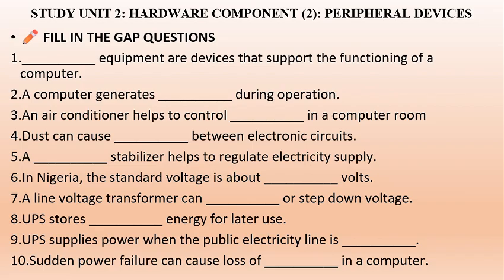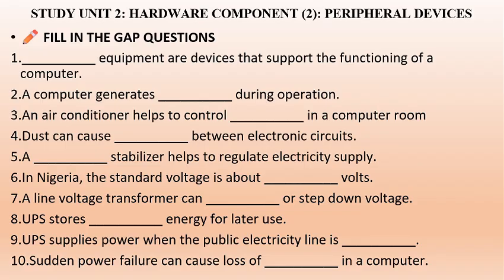Dust is metallic in nature, so when it's on the computer system and there's power supply inside, it can make some circuits inside the computer cut short. So dust can bridge between electronic circuits, and the b will start with small letter.